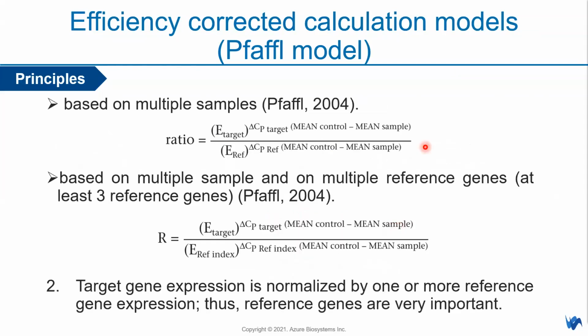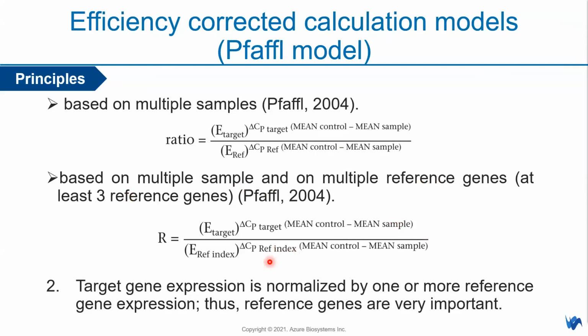This is based on multiple samples, where you will get the mean for control and samples. And this is also based on multiple samples and on multiple reference genes as well. This is where you get the reference index. The reference index will be generated by at least 3 reference genes.